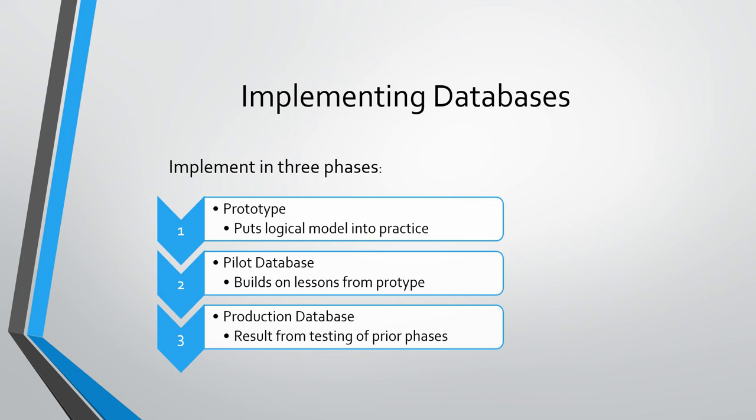And then with this, you can make a production database. So you'll take the lessons learned from your prototype and things that work from your pilot database, and those things will represent your production database.